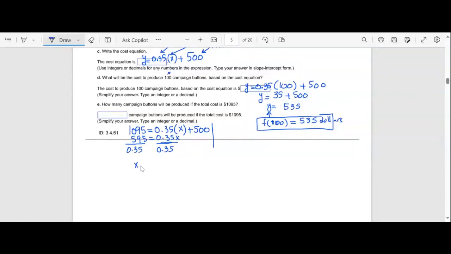So in this case, if you use the calculator to divide, this will cancel with this. That will give you 1700. So x is 1700, which means 1700 buttons. And that answers the question. So you got the answer here.